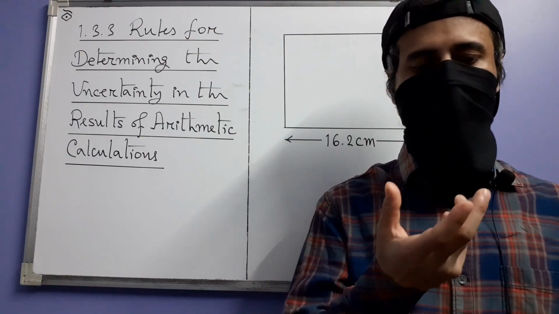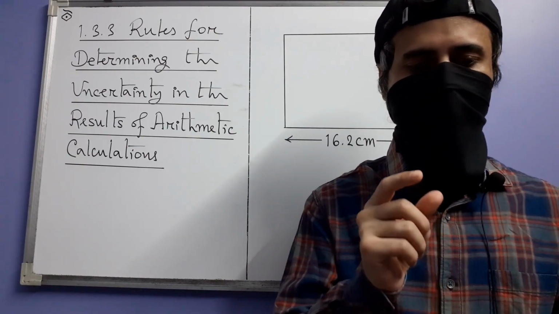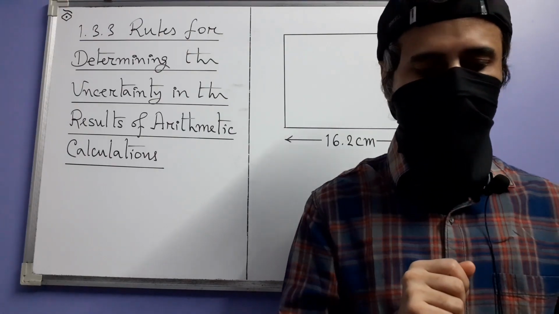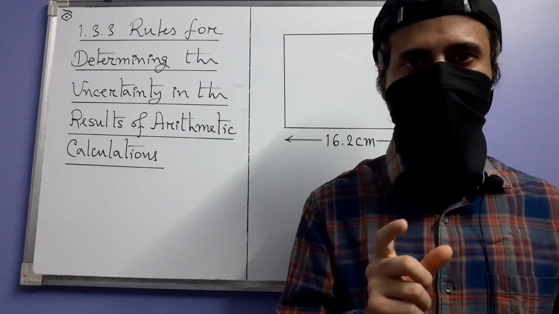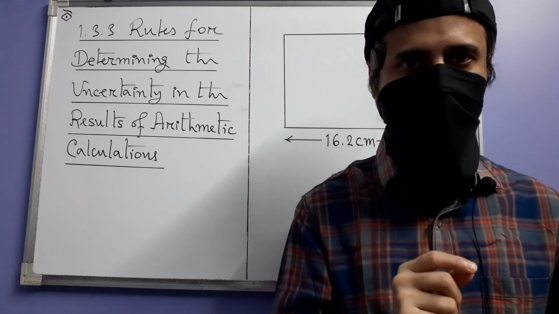That is, we use some kind of instrument or device and we measure the value of a physical variable in a given situation. Then our measurement contains errors, and this happens because whatever instrument we are using, it has its limitations.